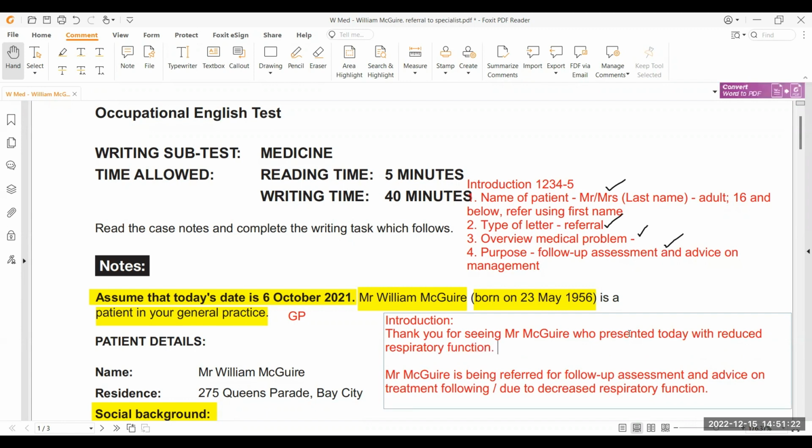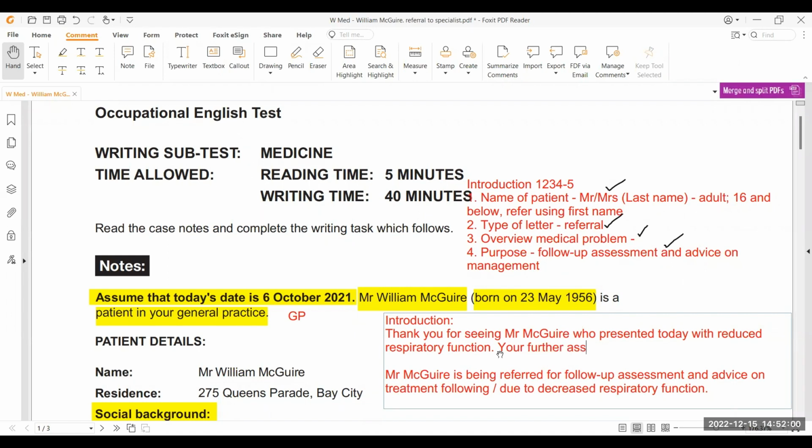So this time you want to make two sentences instead of just one. The first one is very polite and introduces Mr. McGuire's problem. In the second sentence, you now want to state your purpose. How would you state your purpose? You can use the pronoun "he" and say "he needs," or use your purpose: further assessment and advice.